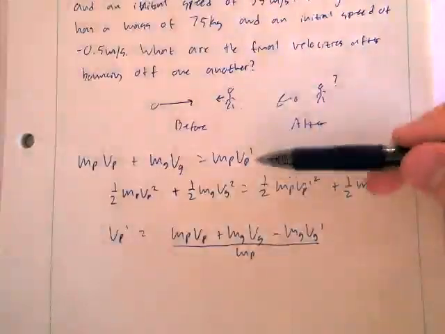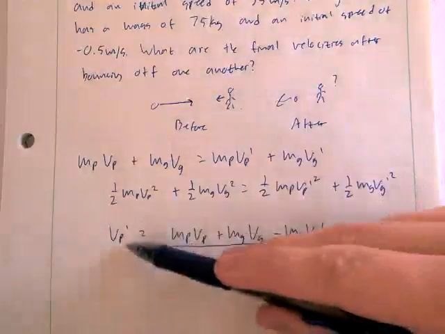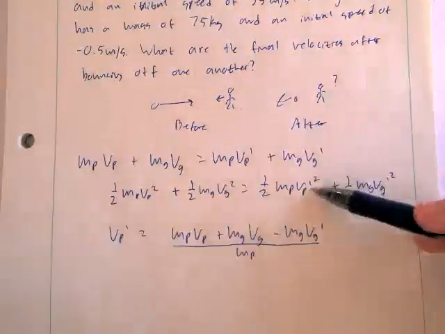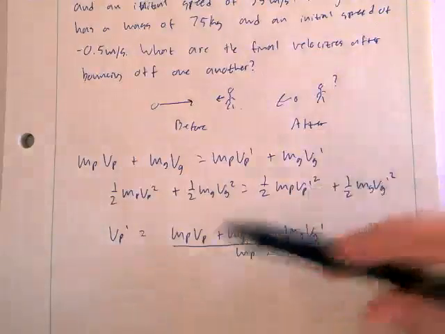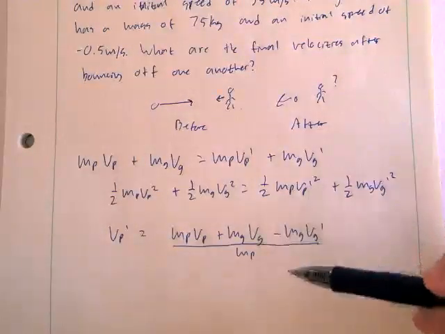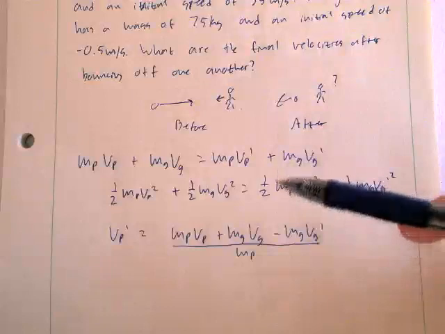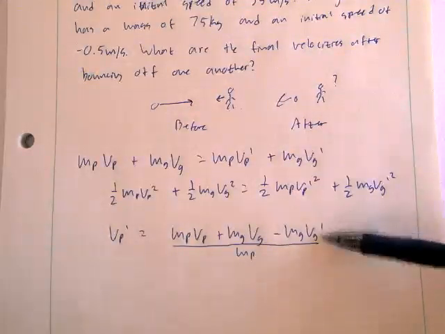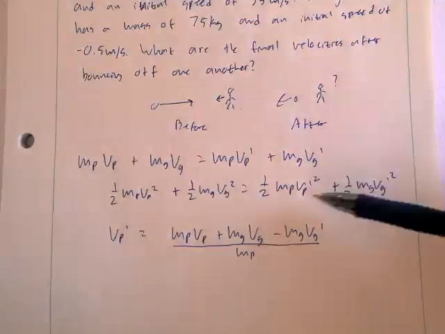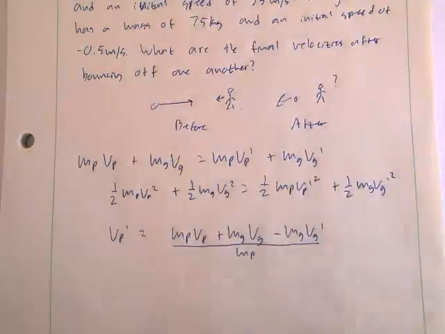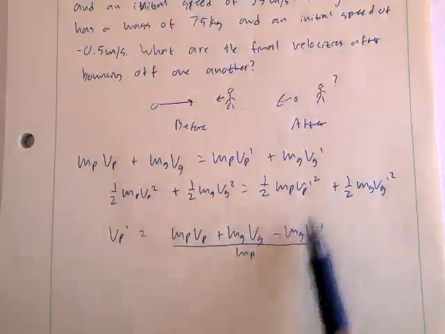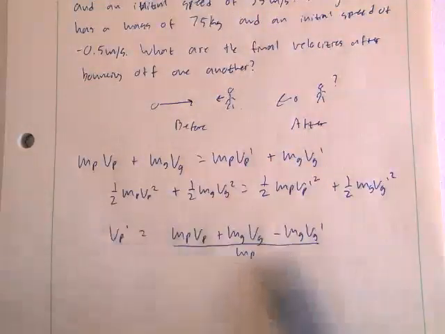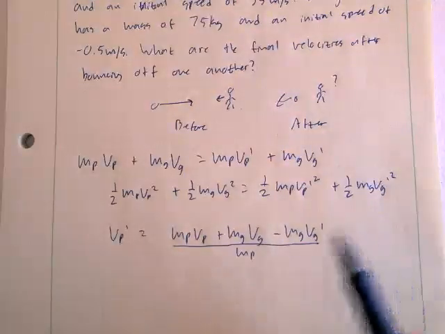Now in theory, I could take this V of the puck prime and plug it into this spot here, and then I have to square this whole thing, and then I would end up with terms where I have VG prime squared, but I also have some where it's just VG prime. You'd end up with a very enormous, very nasty looking quadratic formula that you could, in theory, solve. From a practical standpoint, it might take you a while. You might not want to actually try and do that. You'd probably lose some terms.